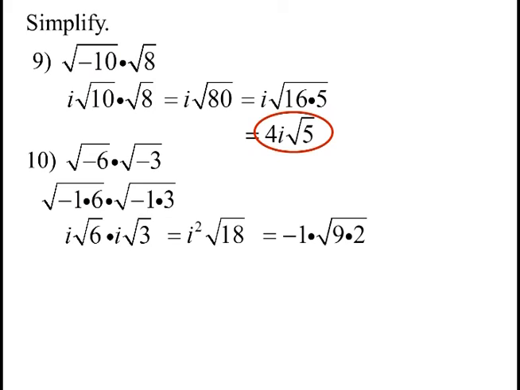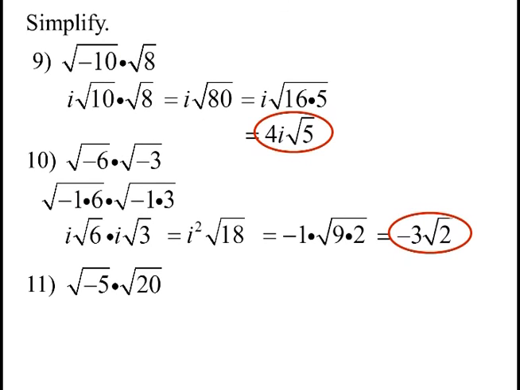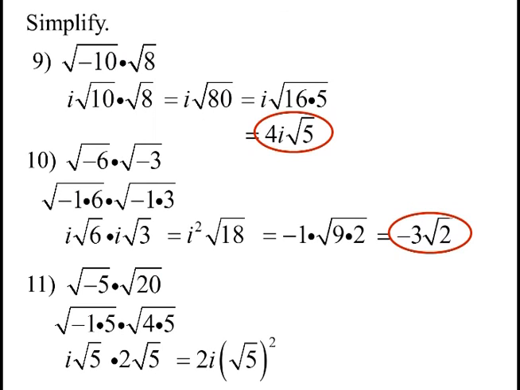We can take a 9 out from the 18, so it's going to be negative 3 root 2. This one would be i root 5 times 2 root 5. So that'll be 2i times root 5 squared. Root 5 times root 5 is 5. So you get 10i.